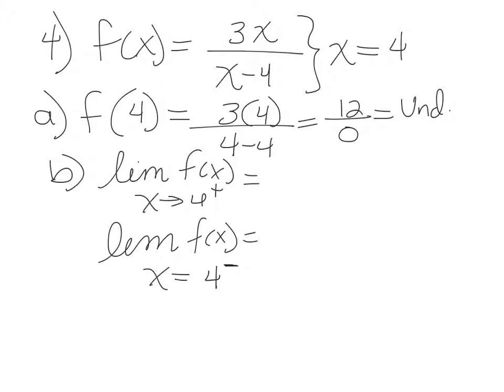If you graph that function, it would be like this. You're going to have an asymptote at 4, and that's because the denominator, you let it equal to 0, you find the x, and that's 4.